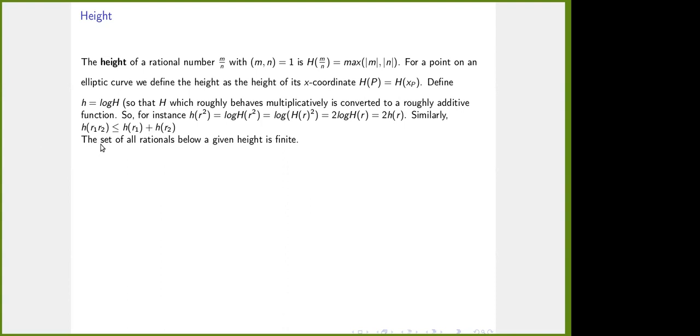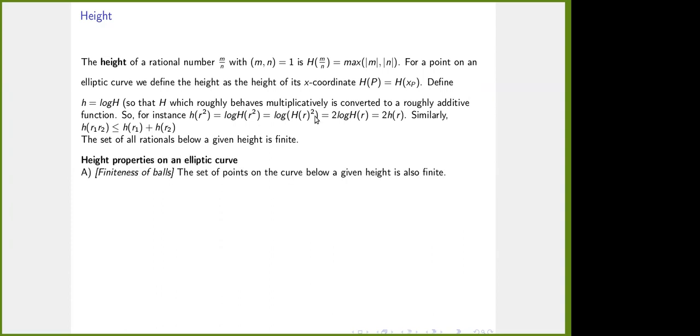But in any case, we know that the set of all rationals below a given height is finite, because there are only finitely many integers with numerator and denominator less than a given height. And that also says that the set of points on the elliptic curve below a given height is also finite. Why is that? Clearly there are only finitely many x coordinates, because we are bounding the height of the x coordinate.